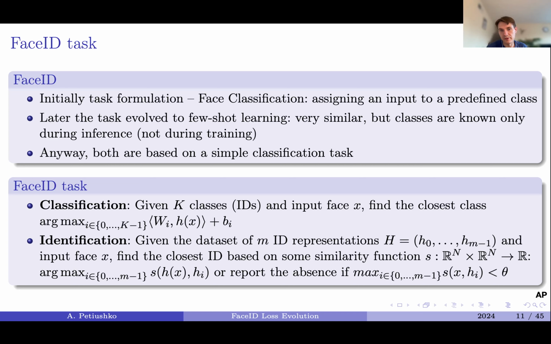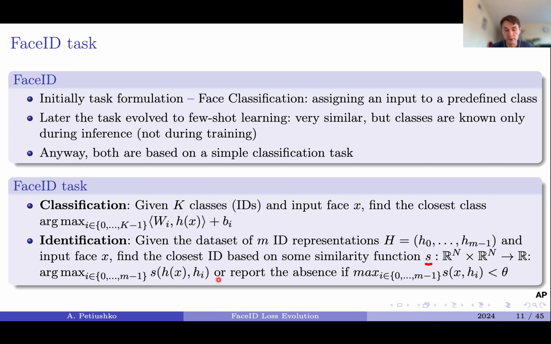So given the data set of m ID representations, h capital, composed of h_0, h_1, etc., h_(m-1), and input face x, we need to find the closest ID based on some similarity function s, which maps two inputs from R^n to R. And this is defined as argmax over i in set composed of 0, 1, etc., m minus 1 of s of h of x and h_i.